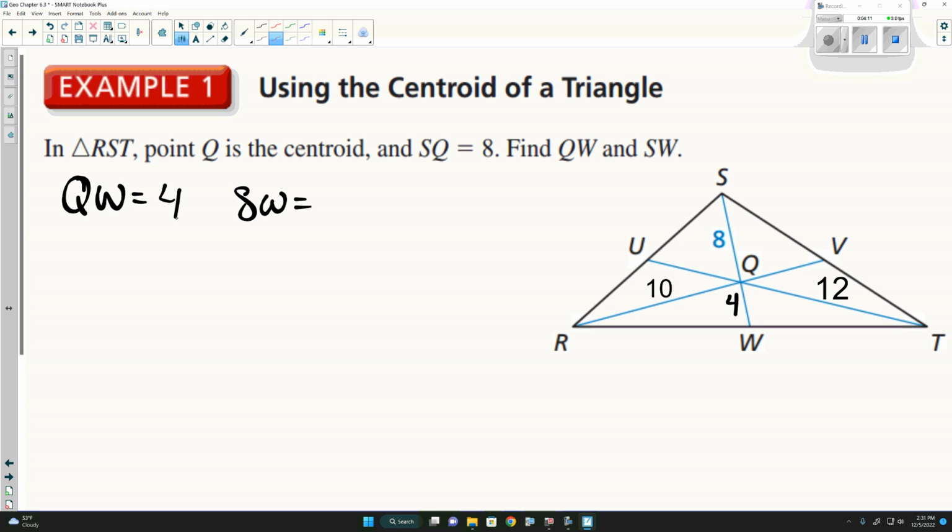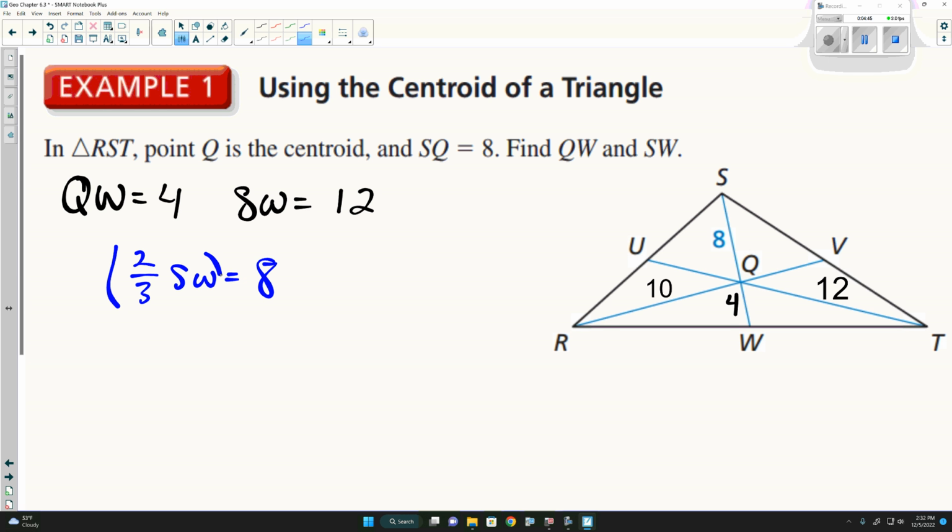Now we need to find SW, the whole length, yes? There's different ways we can go about it. Well, we said 2/3 of the whole gives us the bigger, yes? We can plug the numbers in, but do we already have what the bigger length is? Do we have what the smaller length is? So the whole length would be? We could do it mathematically and say that 2/3 of SW is the bigger segment, 8.